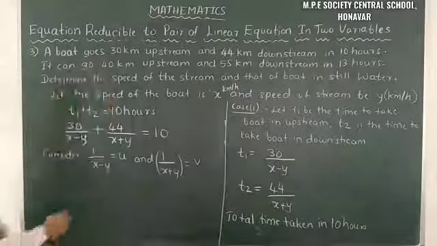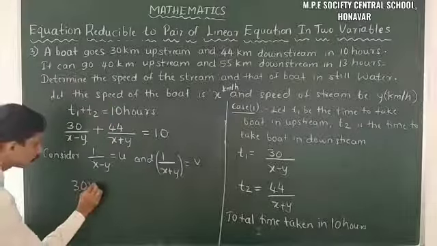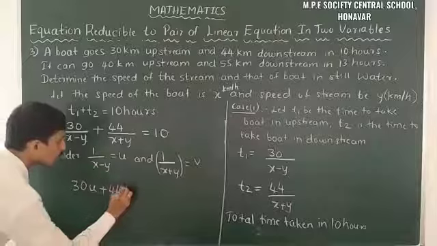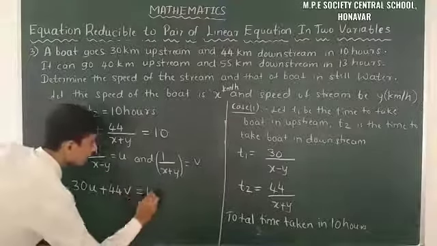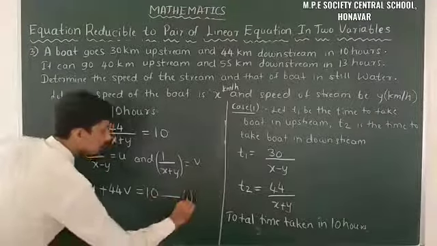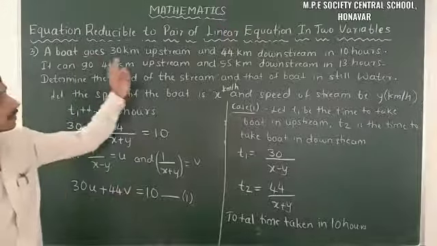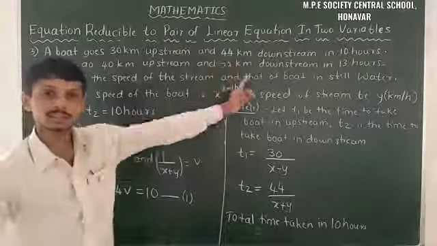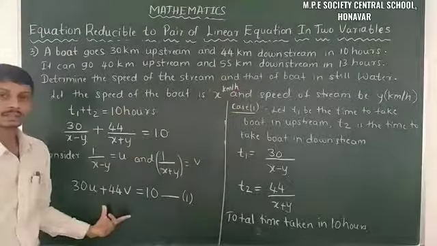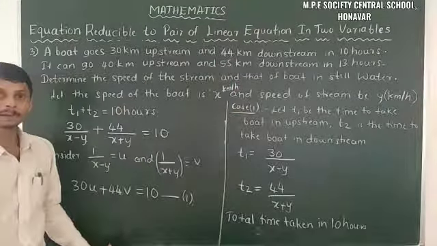So what happens here? It's 30u plus 44v is equal to 10. This is our equation. That means we converted the first statement in the form of a linear equation in two variables.